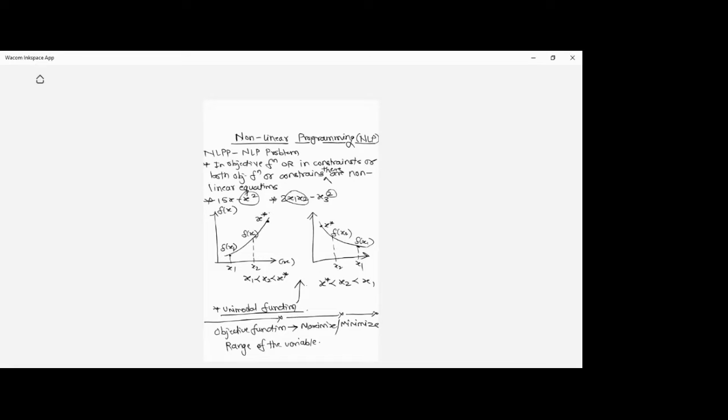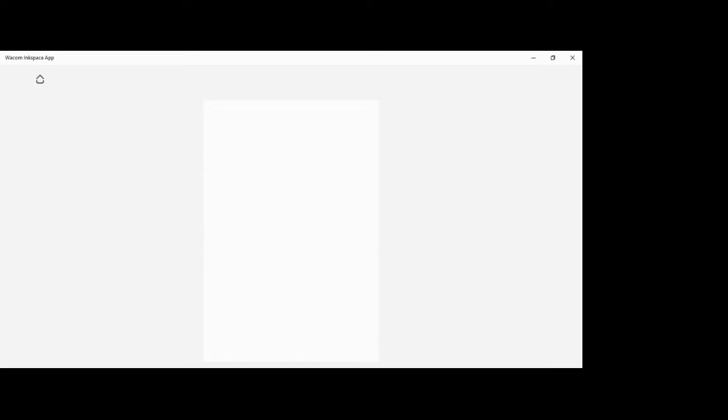So the method that we are going to see today is the dichotomous search method, right? It is a sequential search method.